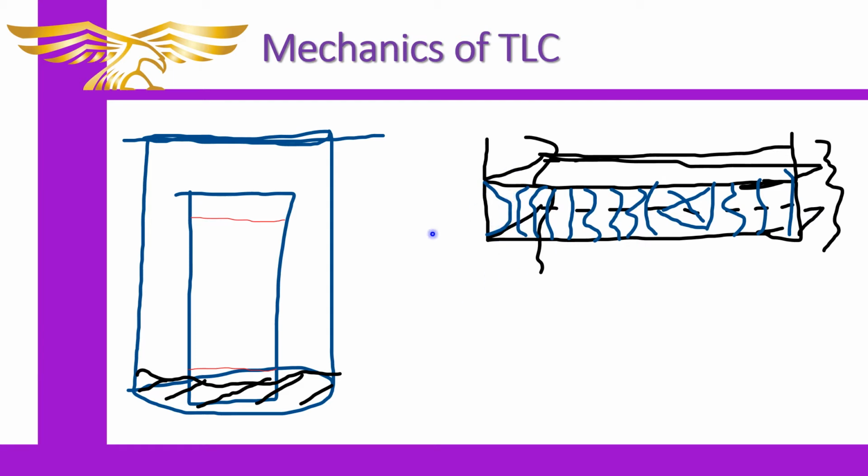And so, depending on those parameters, different substances will move further lengths in the same course of time along the plate with the solvent front, is what they call that. As the solvent moves up, they call that the solvent front. And you actually are able to see the solvent front move.